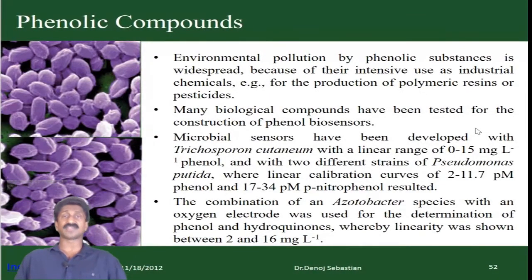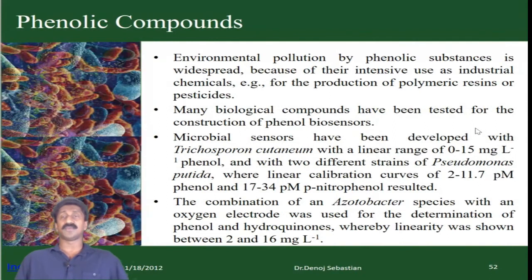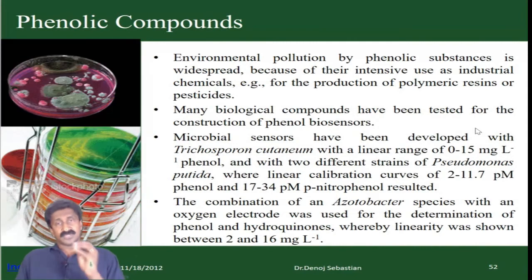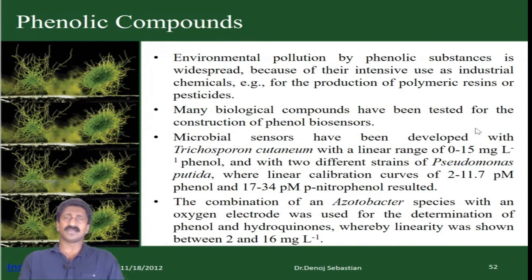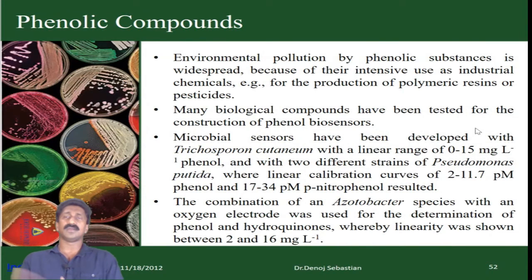And with two different strains of Pseudomonas putida, with a linear calibration curve of 2 to 11.7 picomolar phenol and 17 to 34 picomolar paranitrophenol. So different phenolic compounds can be detected with different organisms in various ranges, from milligram to picomolar range.